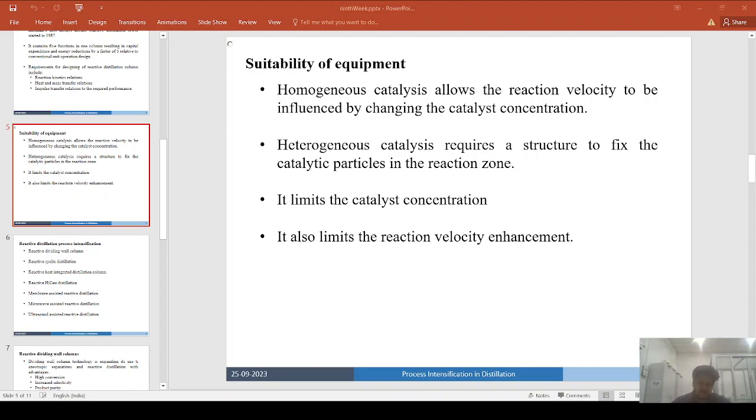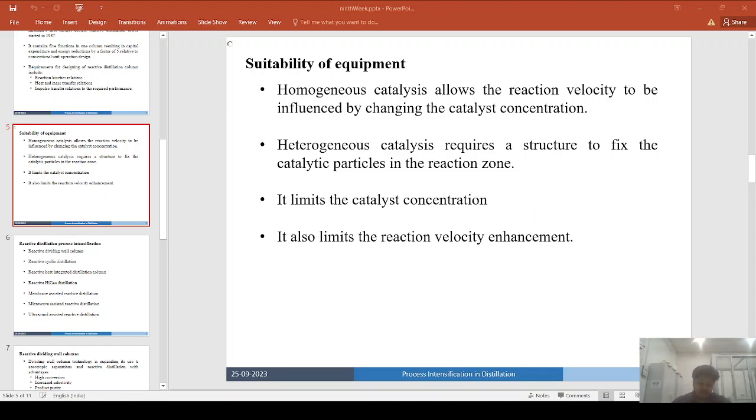Another way is that you can create a structure where you can fix the catalytic particles in the reaction zone. That is how you can carry out your heterogeneous catalysis reaction system.